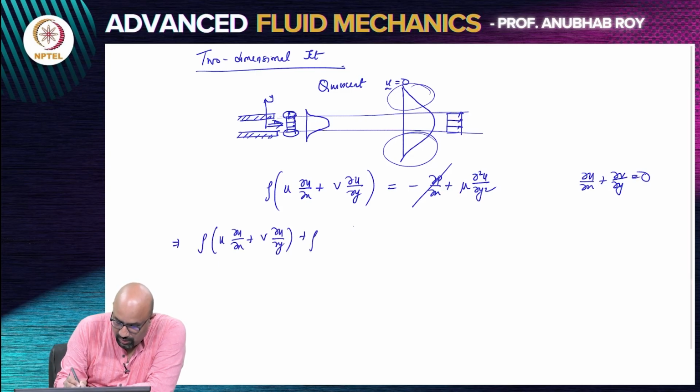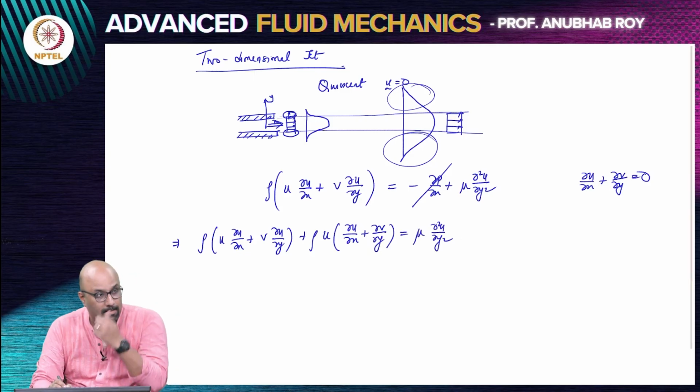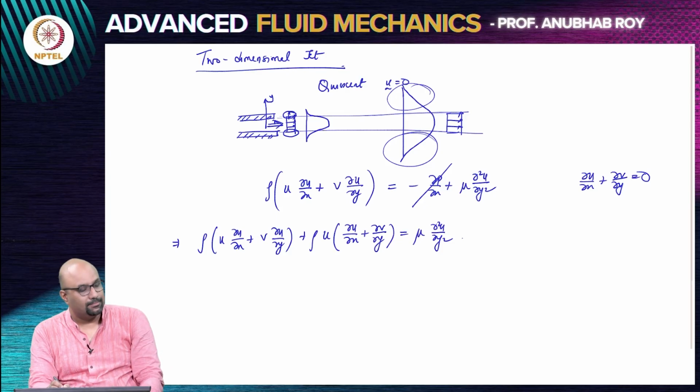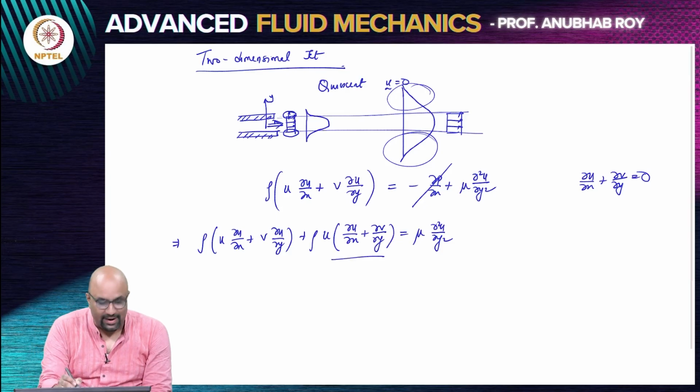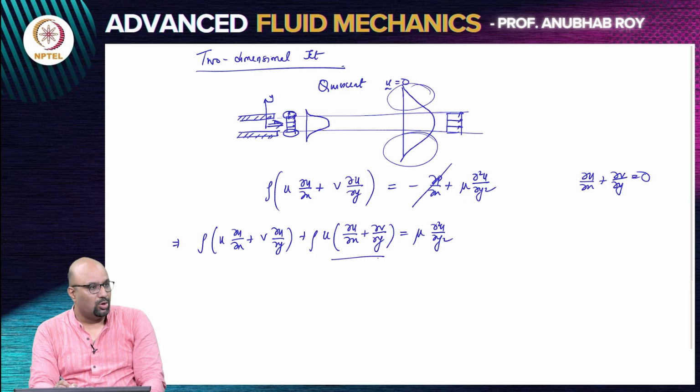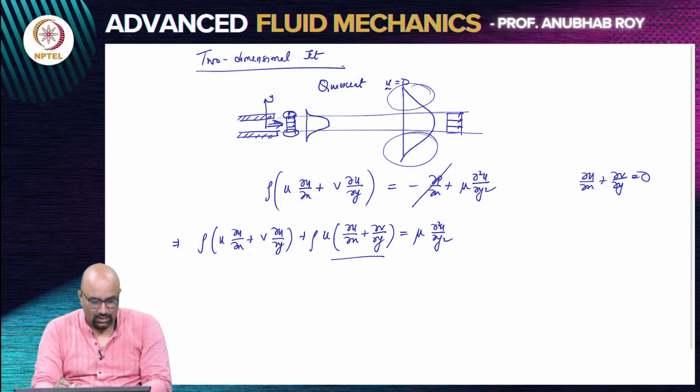and I am going to add this. What I have added is I have added a 0: dou u dou x plus dou v dou y is equal to 0. So, I have just added a 0 to the problem.